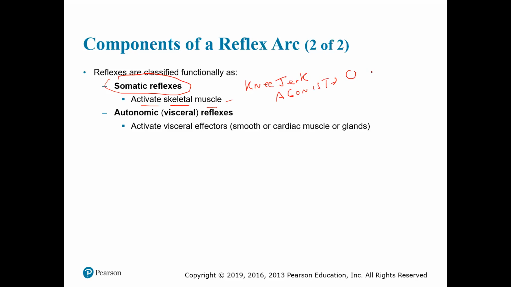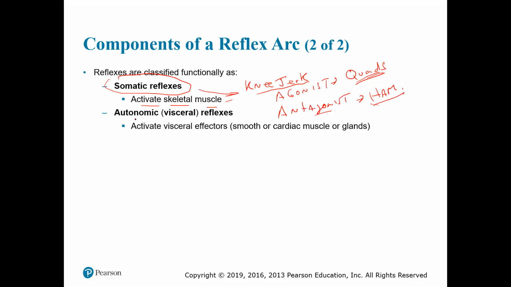So if the quadriceps contract to extend the knee, you're going to need an antagonist, like in Hamlet. And the antagonist to the quads in this knee-jerk reflex, a somatic reflex, is the hamstrings. So the hamstrings have to relax and be inhibited, but the quadriceps are the agonists that have to be excited and contract. So that's an example of a somatic reflex, knee jerk.